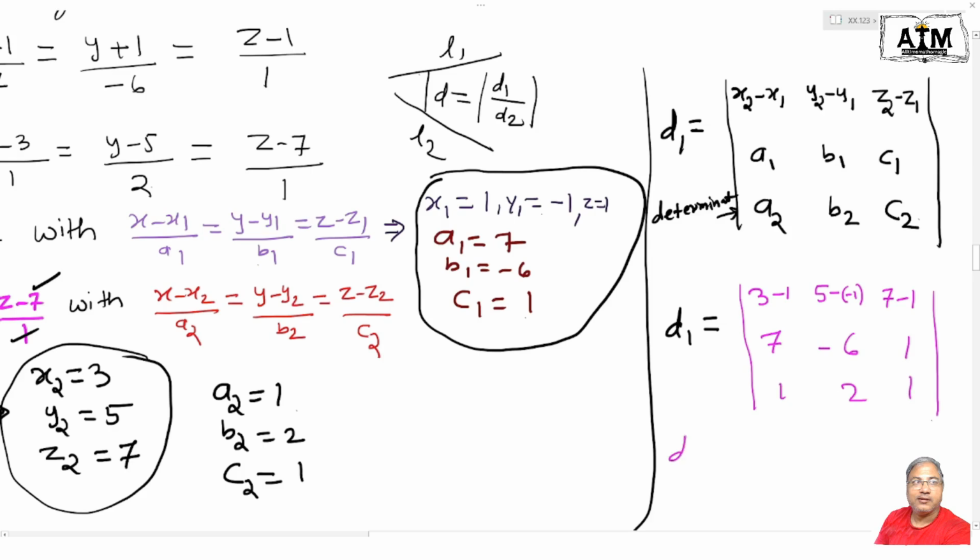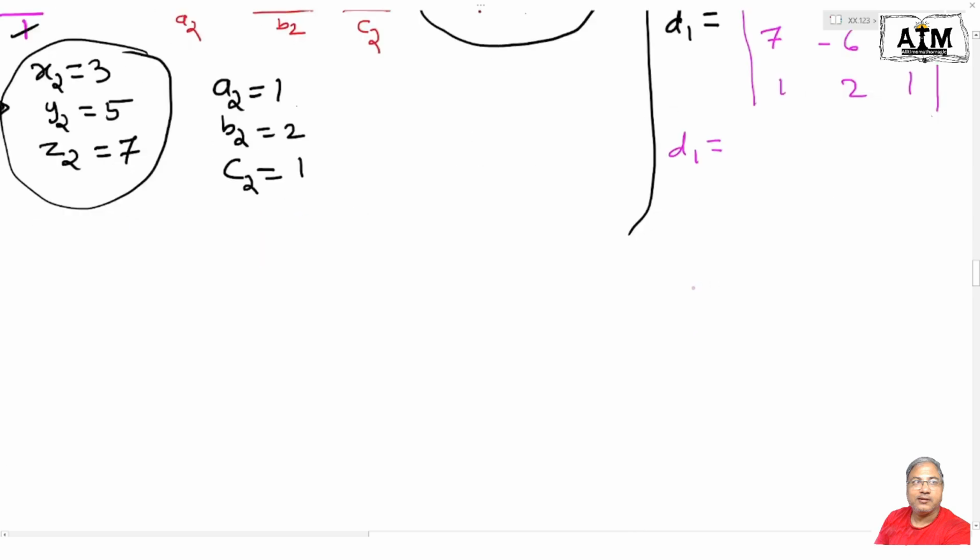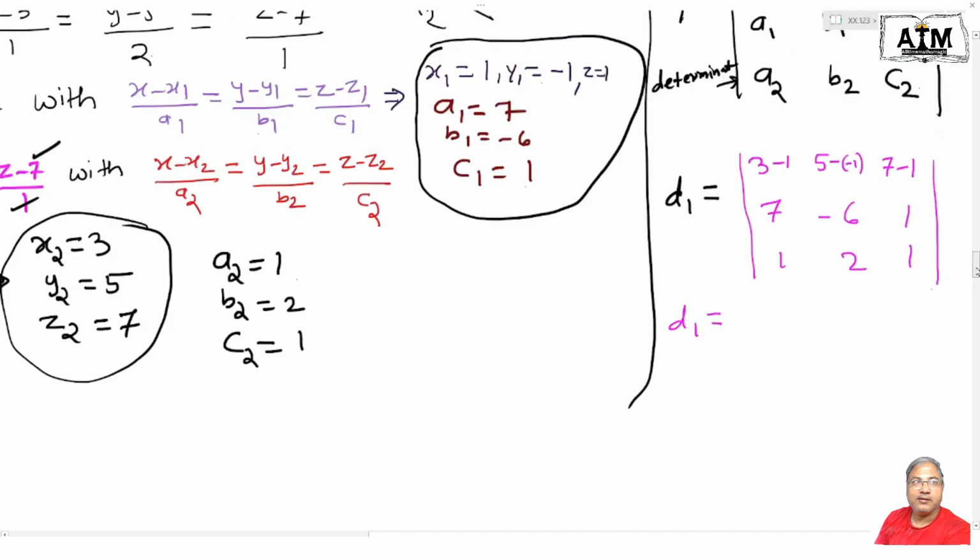First of all, simplify. d1 equals the determinant of 2, 6, 6, 7, -6, 1, 1, 2, 1.